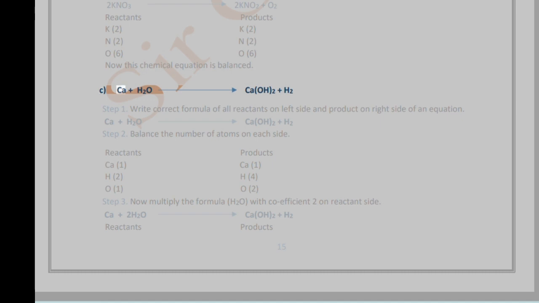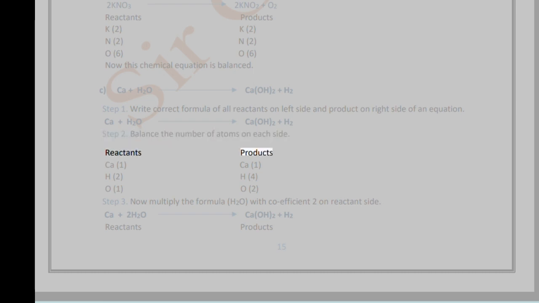C. Ca plus H2O gives Ca(OH)2 plus H2. Step 1. Write the correct formulas of all reactants on the left side and products on the right side of an equation. Ca plus H2O gives Ca(OH)2 plus H2. Step 2. Balance the number of atoms on each side.